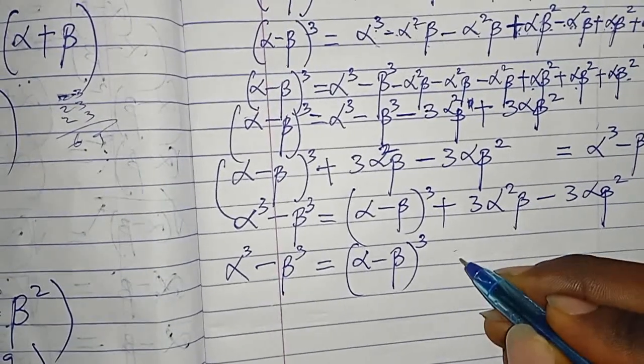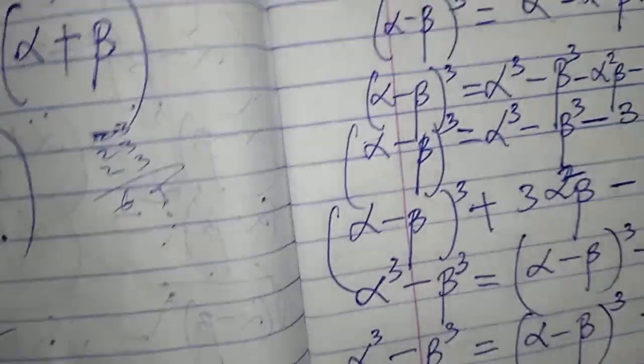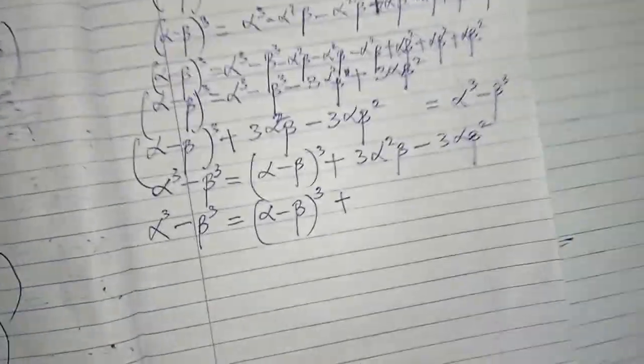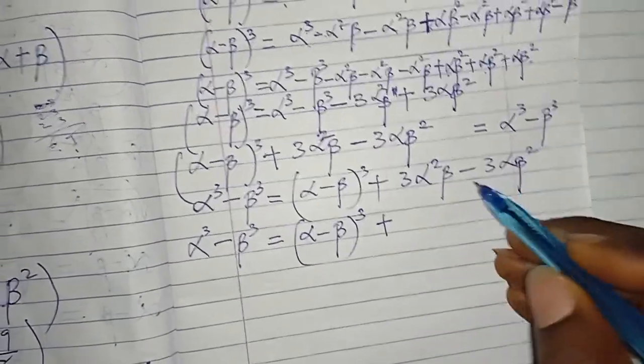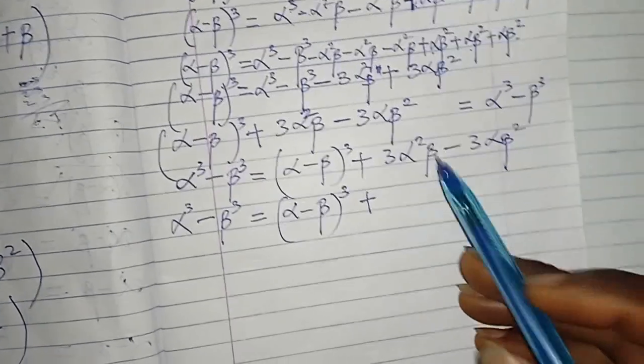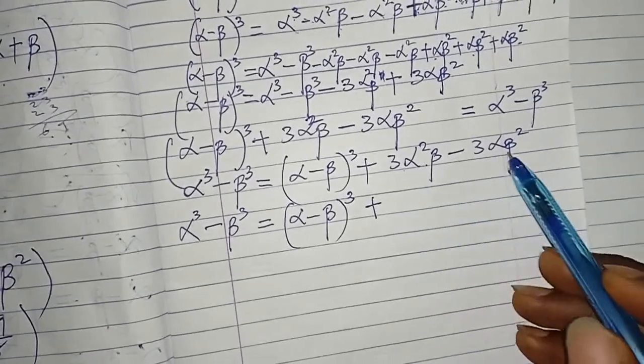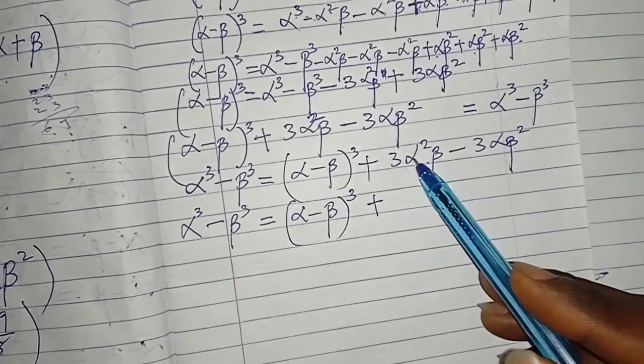Yeah, you factor out. Factoring out, what is common amongst these two? I'm seeing alpha beta here. I'm seeing 3.